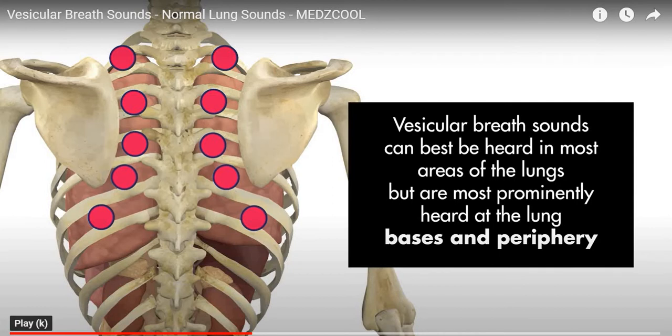So here is where to put your stethoscope here on the back. As you can see, they avoid the scapula. They avoid the ribs. And what you're going to do is you're going to listen at all the places that have a lung field. So as we said before, the right lung has 2, the left lung has 3. So you want to listen to all the lung fields that you actually can.